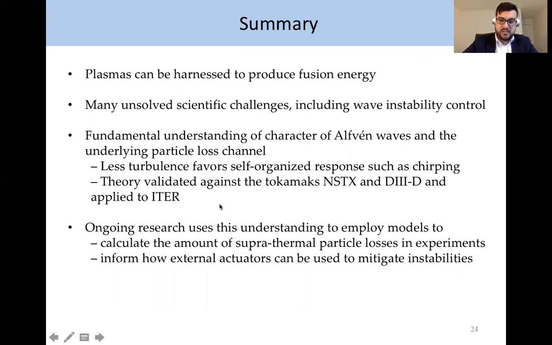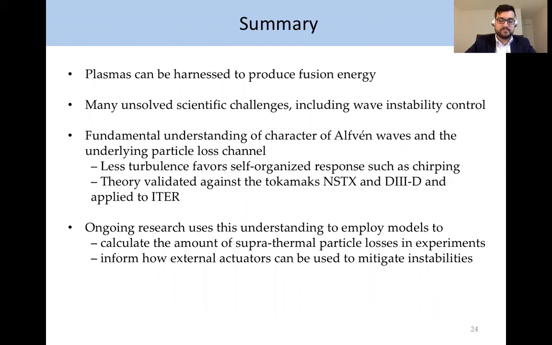So the main outcome of the work was an understanding at a more fundamental level of what experimental conditions change the character of Alfvén waves in experiments: when it chirps, when it has a constant frequency, and the underlying particle loss channel, if it's diffusive versus if it's convective.